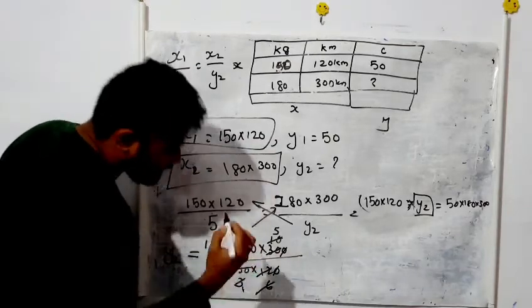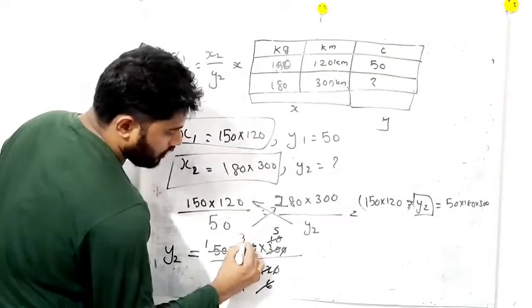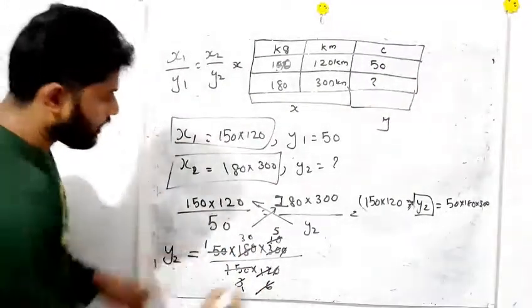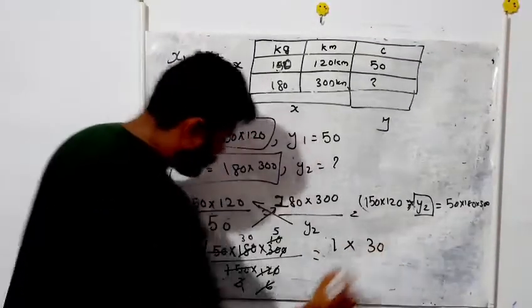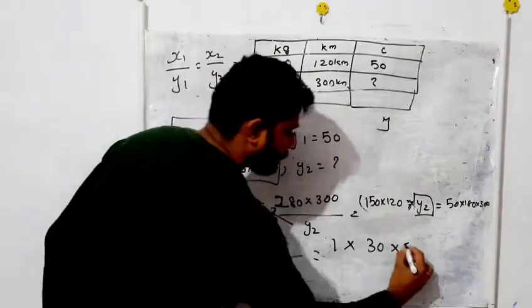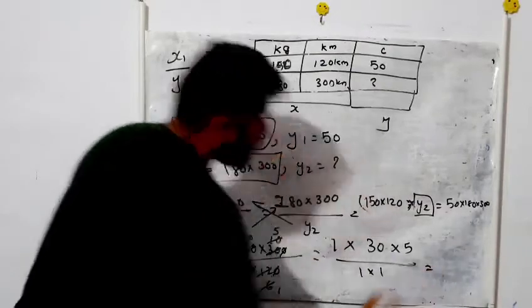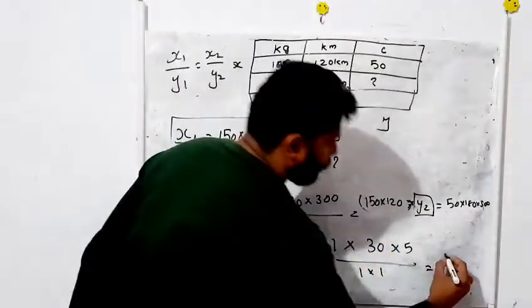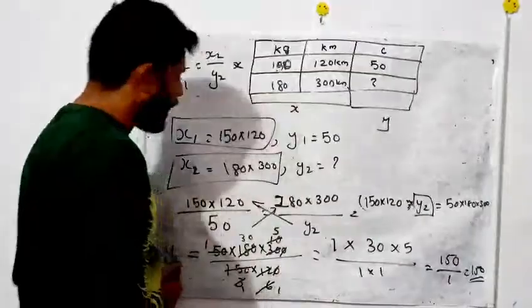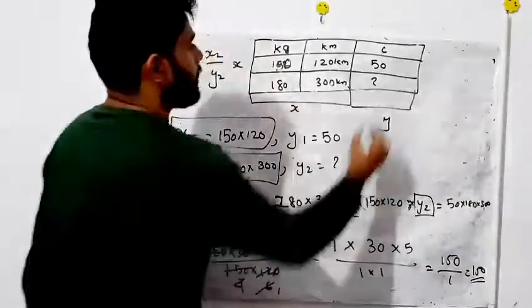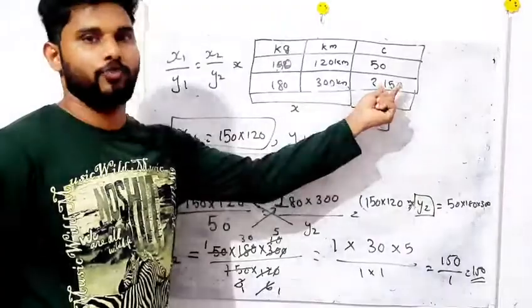We can cut this 6 and this 180, what will happen? 30. Now remaining, 1 into 30 into 5 all divided by 1 into 1. So 1 into 30 into 5, 150 divided by 1 is equal to 150. So we got y2 as 150. So the cost is 150. Clear?